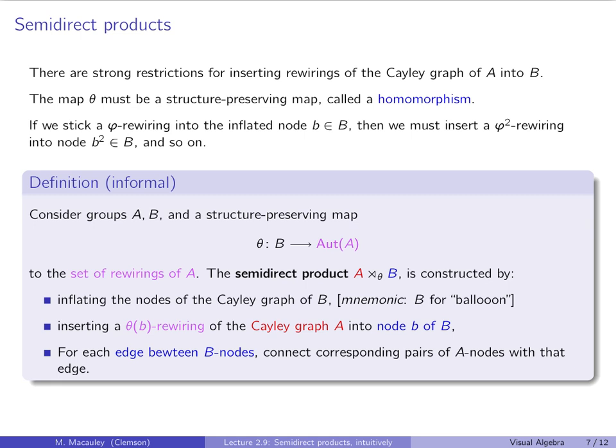The semidirect product of A with B, and I'm going to put the subscript theta to denote this map, is constructed as follows. We first inflate the nodes of the Cayley graph of B, think B for balloons, and then we insert rewirings or rewired copies of the Cayley graph of A into each node. And this labeling map tells us which rewiring we put into node B. And then for each edge between B nodes, we connect corresponding pairs of A nodes with that edge, and then we pop those balloons, and we're done.